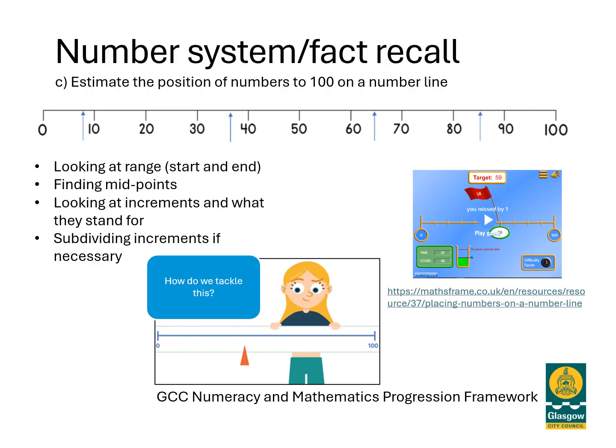And then if there are increments marked and they know what they stand for, then looking at the numbers they're being asked to place is an estimate of where those numbers are sitting between the marked increments. And they're using their knowledge of the number system to decide how close to a labelled point it should be placed.